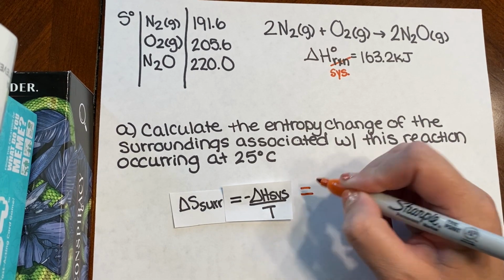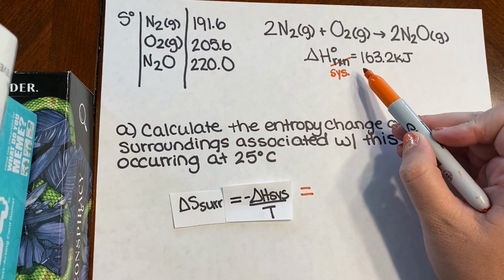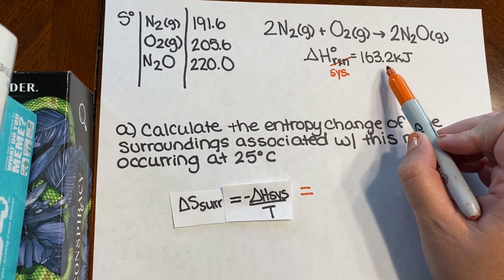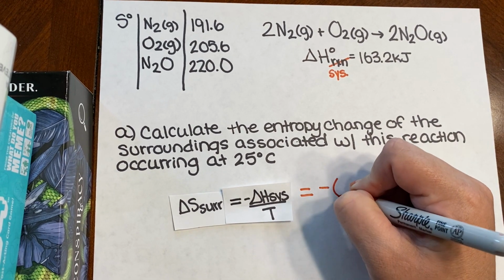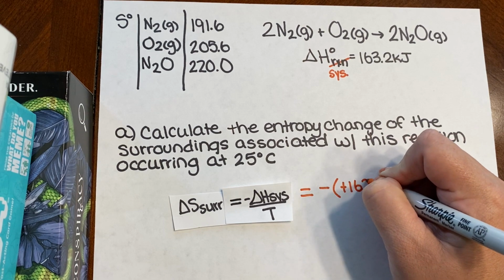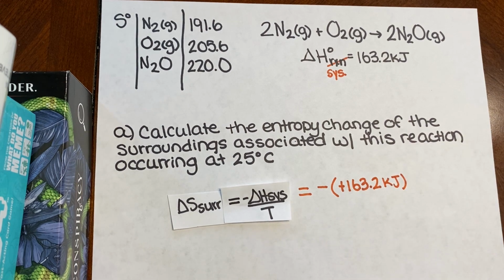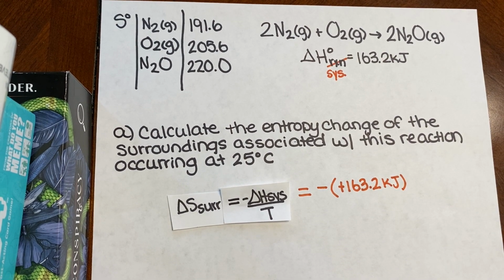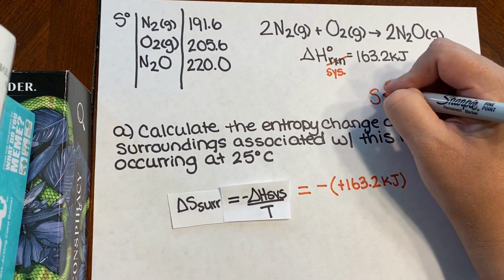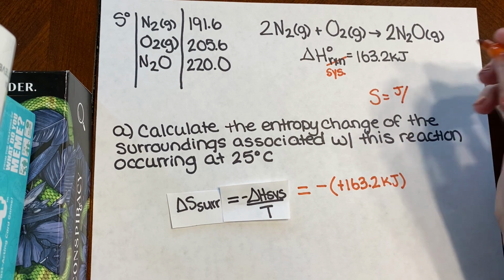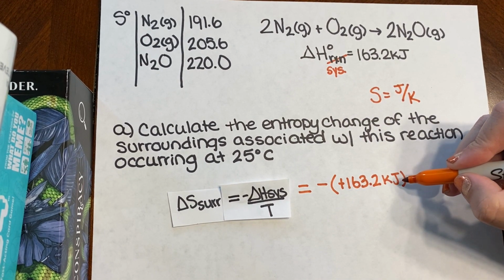So first things first, we need this delta H. Guess what? We're given it in the problem. However, this is a positive value. This is a negative sign. So negative 163.2 kilojoules. Uh-oh. Whenever we have entropy, entropy is always in the units joules per Kelvin. This is not joules.